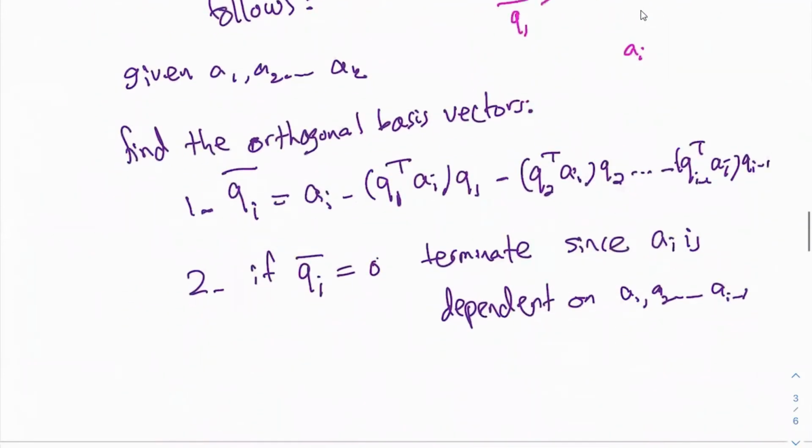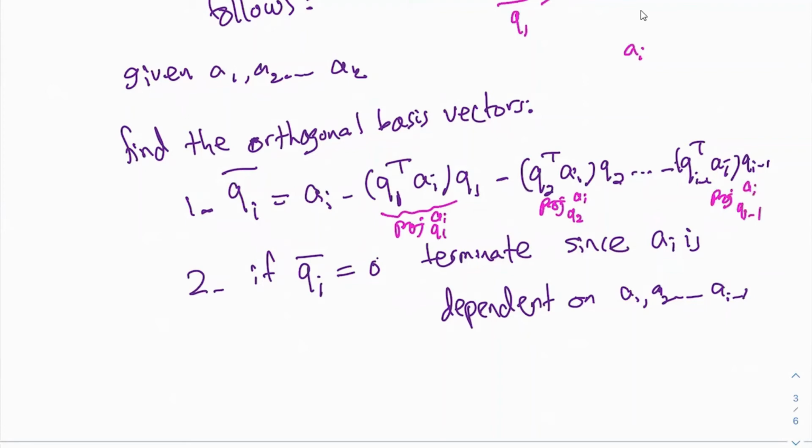So Qi bar is equal to Ai minus the orthogonal projection of Ai on every single basis vector that I have, on Q1 all the way to Qi minus 1. So that's what I have. This is the projection of Ai on Q1, this is the projection of Ai on Q2, and this is the projection of Ai on Qi minus 1.